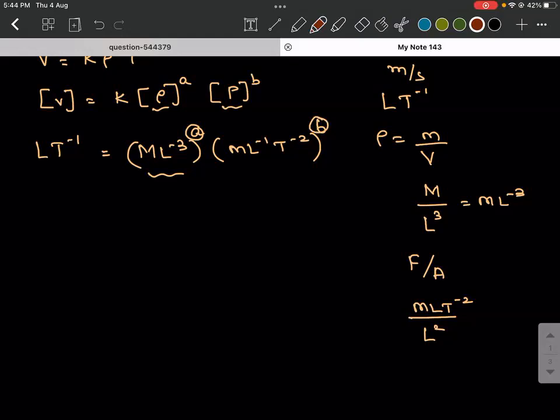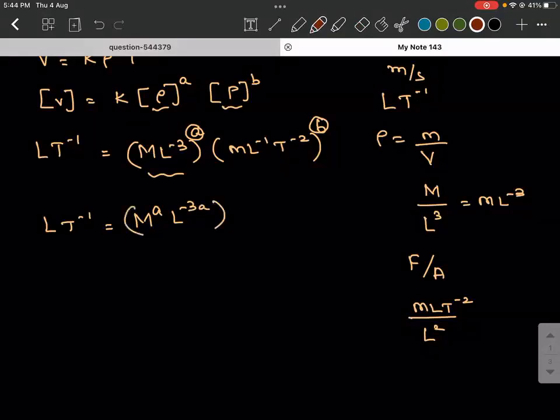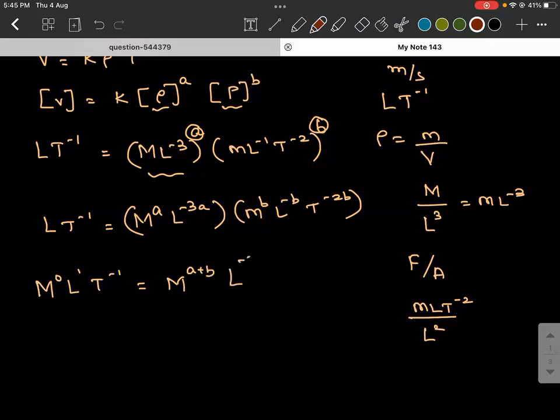Because density power A, pressure power B. So this will be LT minus 1 is equal to M power A, L power minus 3A, into M power B, L power minus B, T power minus 2B. Right? This is M0 L1 T minus 1 is equal to M power A plus B, L power minus 3A minus B, and T power minus 2B.